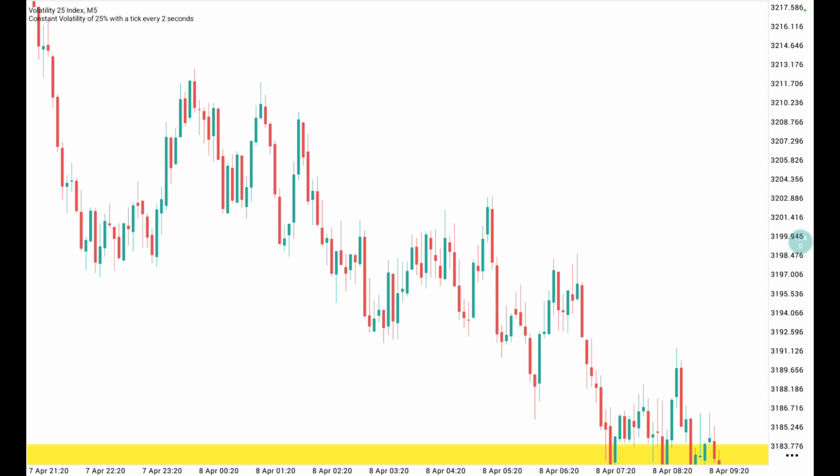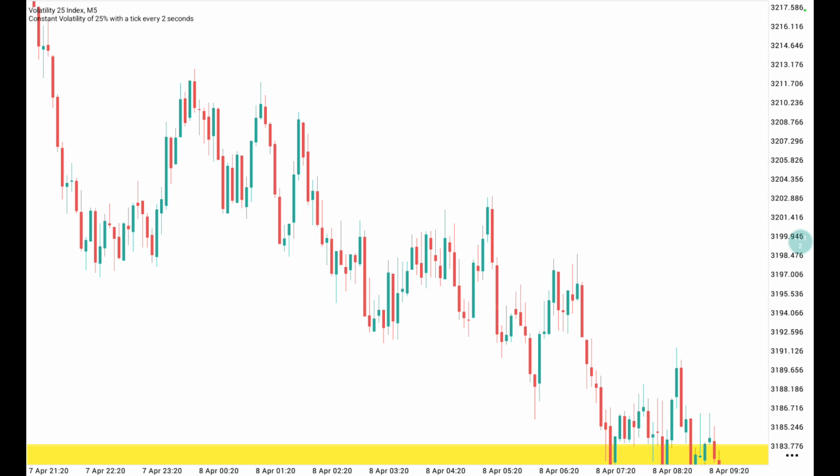Now I want to show you what we mean when we talk about break of structure. That is when the market sweeps liquidity above old highs or below old lows with displacement. I emphasize, with displacement.